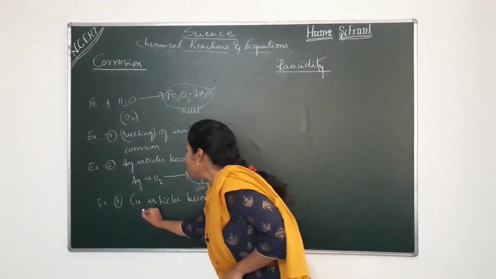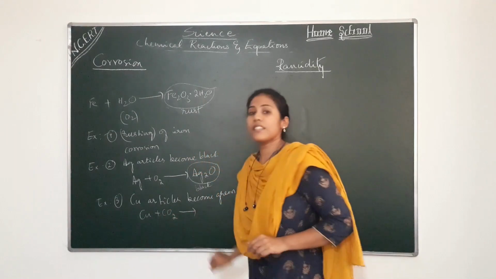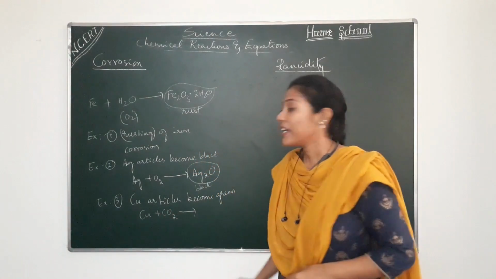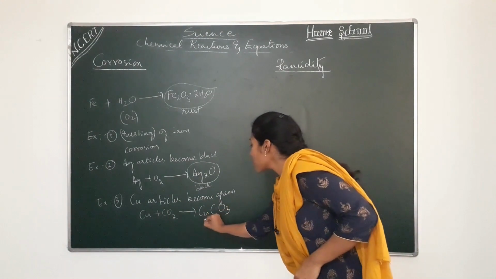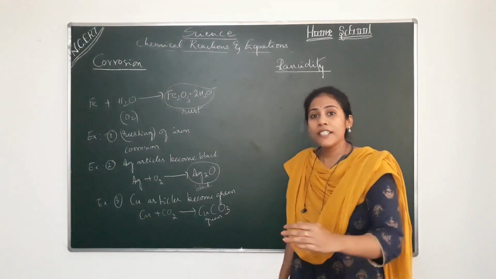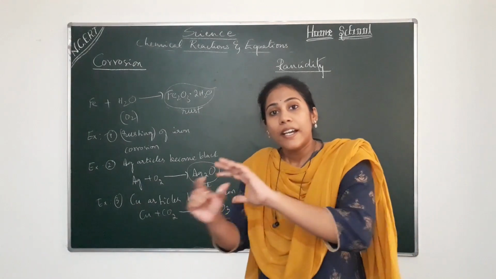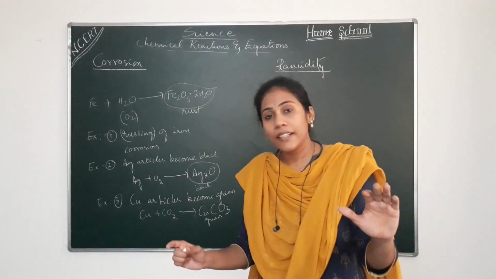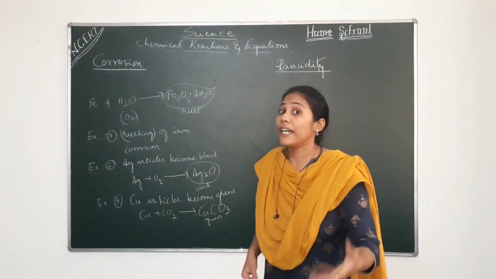That is because your copper is actually reacting with the carbon dioxide present in the atmosphere, and it becomes copper carbonate, and this copper carbonate is green in color. Slowly your pure copper is reacting with carbon dioxide, and whichever copper reacts with the carbon dioxide becomes copper carbonate, which is green.